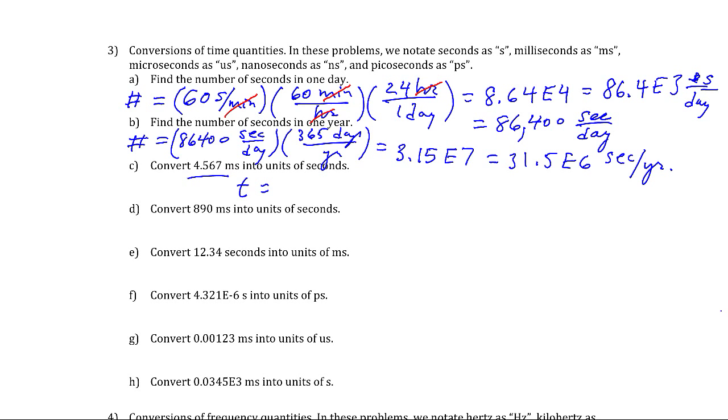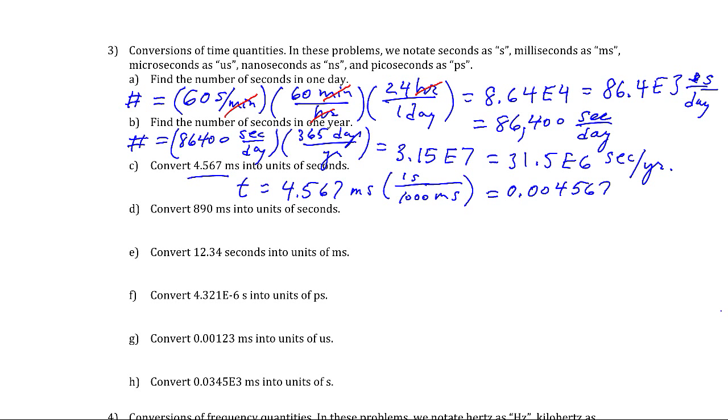T is 4.567 milliseconds, and I'm going to multiply 1 second per 1,000 milliseconds, which is a legitimate conversion factor, and indeed my milliseconds cancel out, and I end up with 4.567 divided by 1,000 basically, and I get 0.004567.